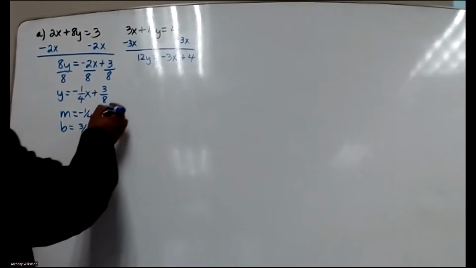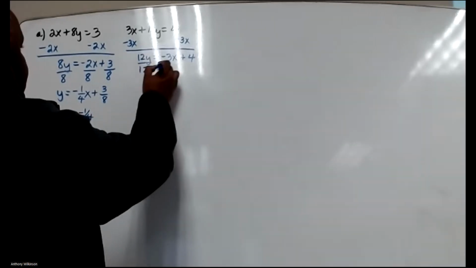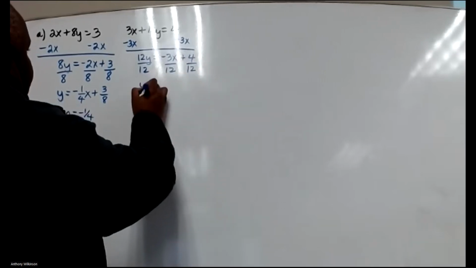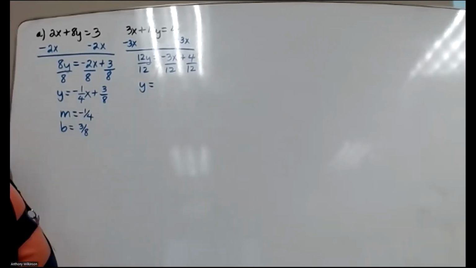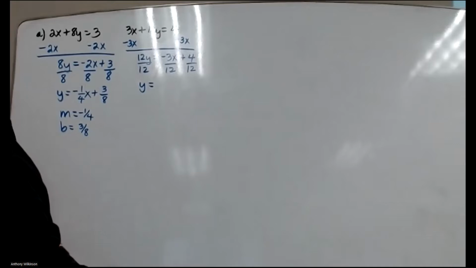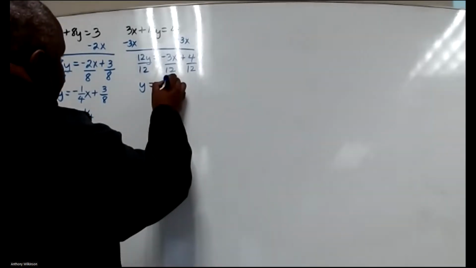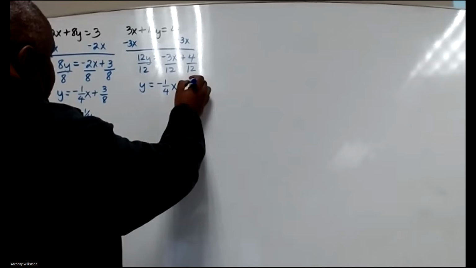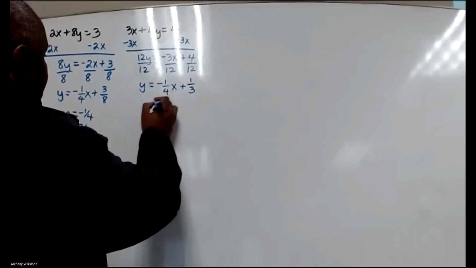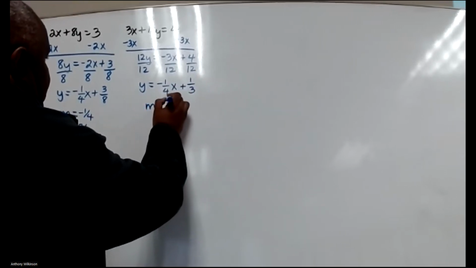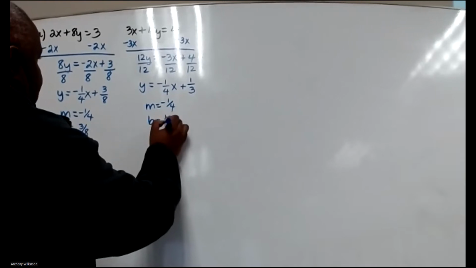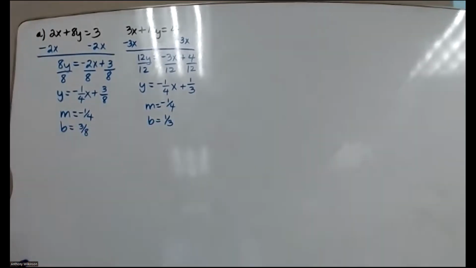And then to solve for y, which is being multiplied by 12, I need to divide each and every term by 12. So y is equal to, what's -3/12 in simplest form? -1/4 x. And then 4/12 in simplest form, 1/3. So the slope here is -1/4. The y-intercept is 1/3.